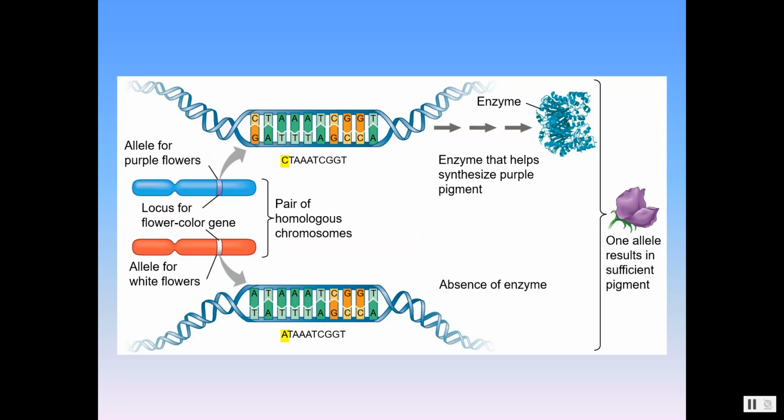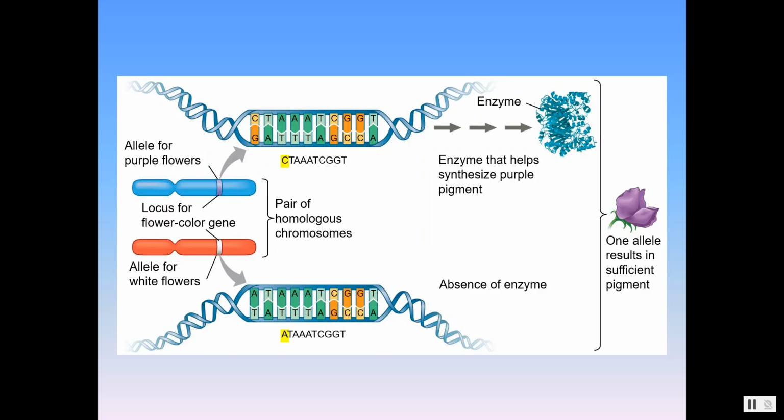Now, what does this mean? If we look at the far right, we see a purple flower. So how do we have a purple flower? We have a purple flower if, way over there on the left, there is a piece of DNA, CTAAATCGGT. If that piece of DNA is present on that chromosome, then it makes an enzyme that synthesizes purple pigment.